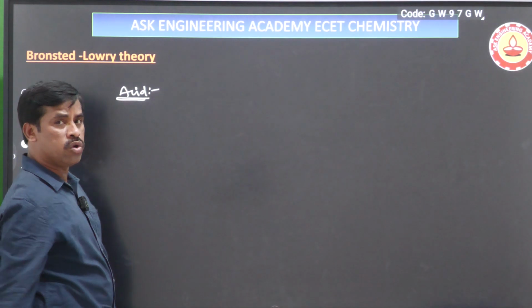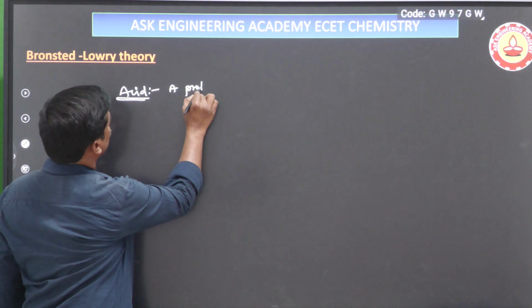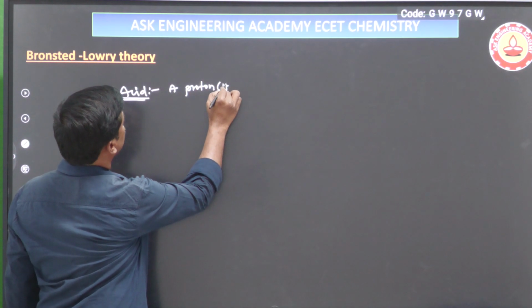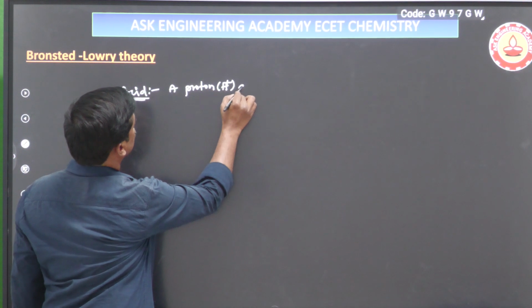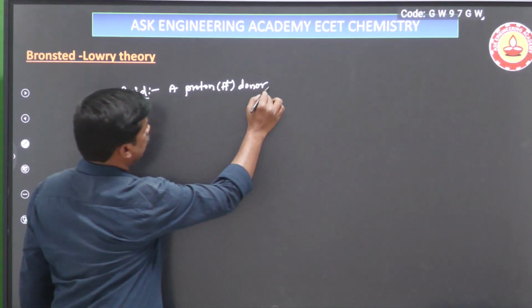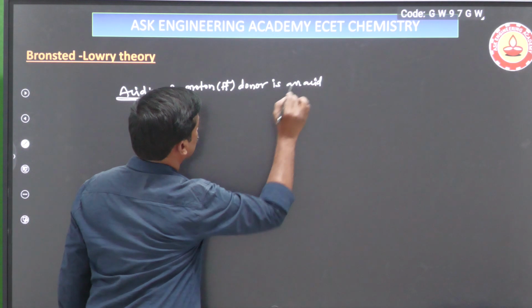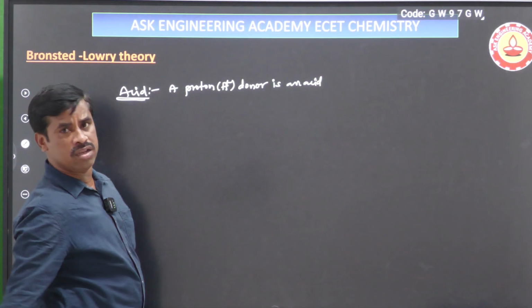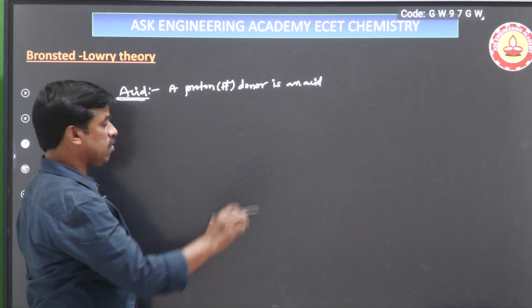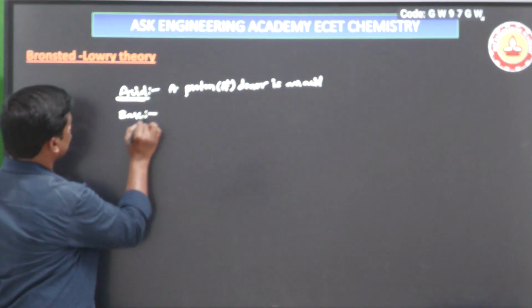A proton donor; proton means H plus. A proton donor is an acid. That is the acid definition.